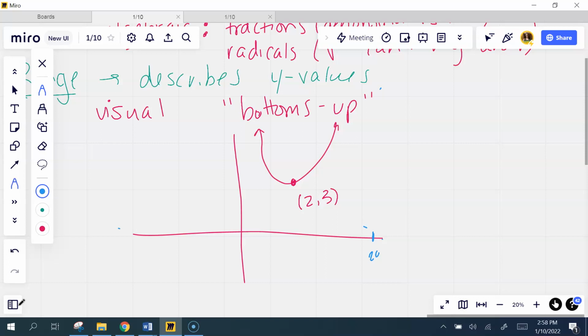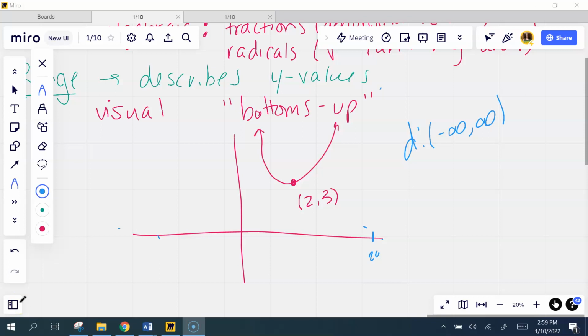So there's always a y for every single x on this graph. So we say here that the domain is negative infinity to infinity.